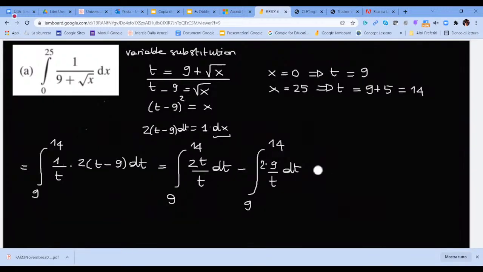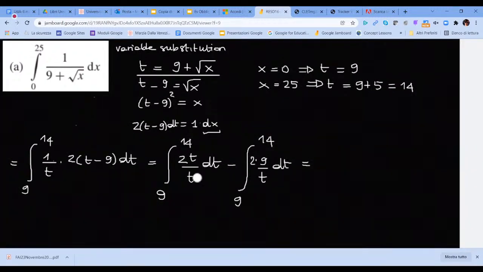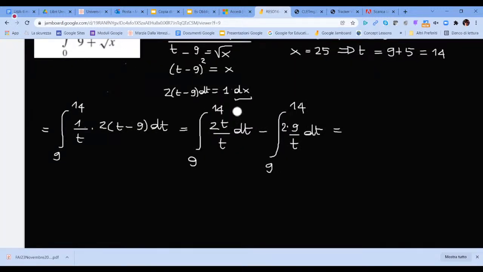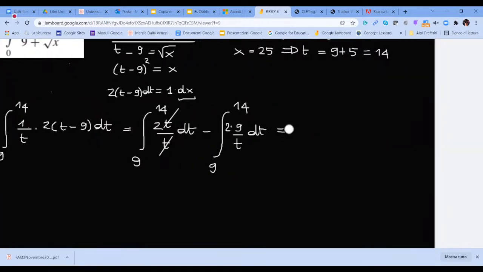And we can evaluate immediately the two integrals, because we can simplify t over and under the fraction, and then we have 2 times something. 2 is seen as a constant. That means that we have to integrate, and the primitive of 1 is t.